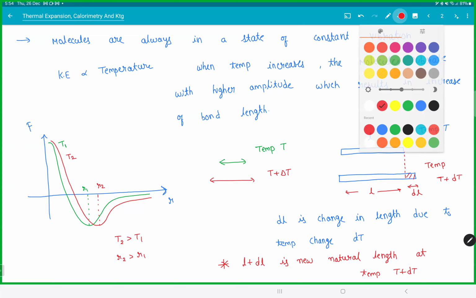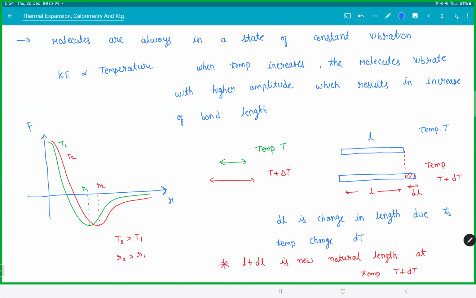The molecules are in a pretty relaxed state. Clear with this, everyone? Great.